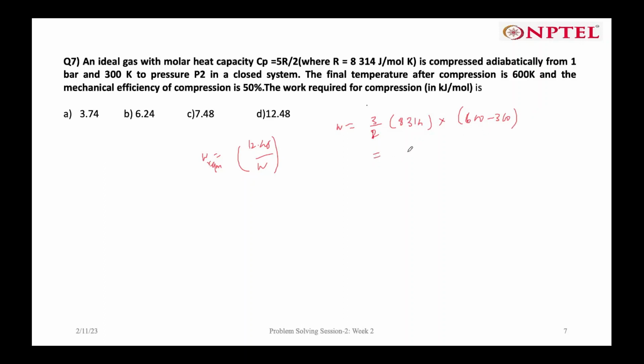So we get 3.74 kilojoule per mole. Right. Now it comes to option C. When we divide 3.74 by 0.5, we get 7.48. Please recheck it.